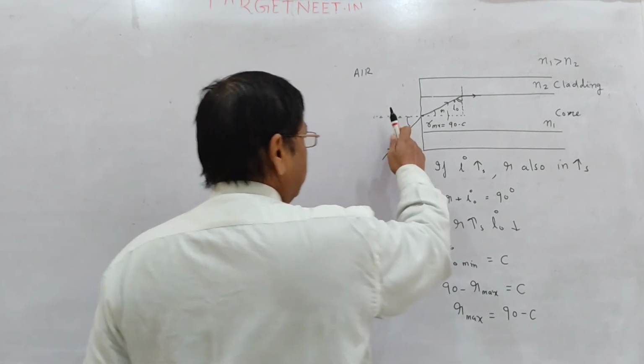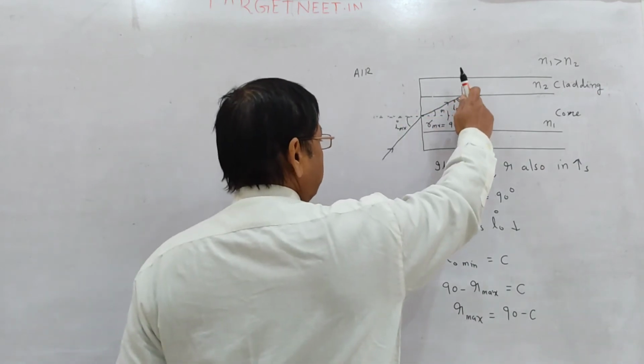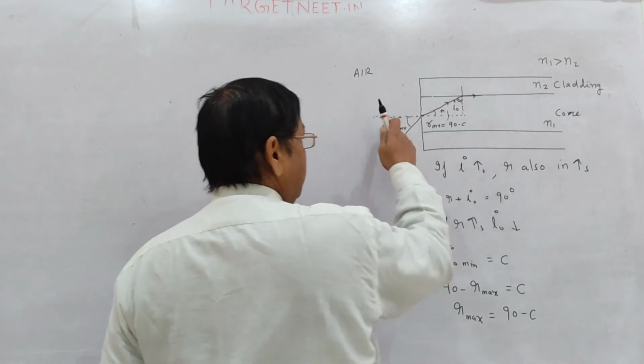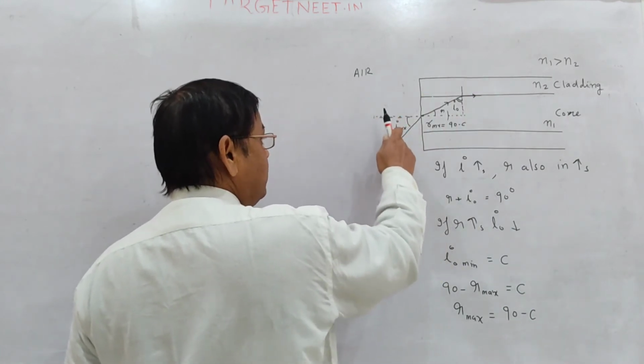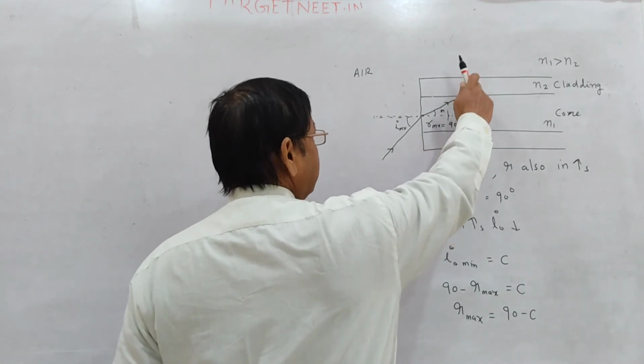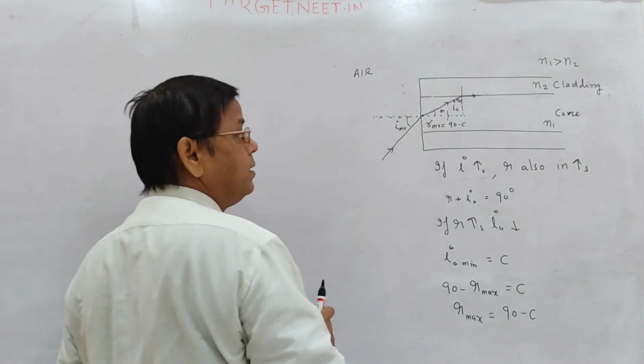So if your angle of incidence is up to here, light will not leak into the cladding. If your angle of incidence is more than this, then the angle here will be lesser than the critical angle, and refraction will take place, meaning light will go from core to cladding.